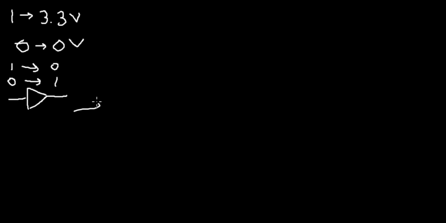So what does this look like inside here? What is going on inside of this NOT gate? Well, an input's going to come in. It's going to go to 2 transistors, 2 switches. And these switches will perform the computation.